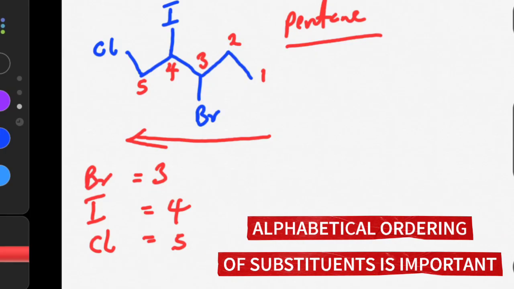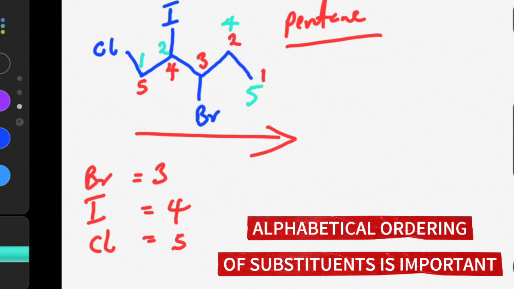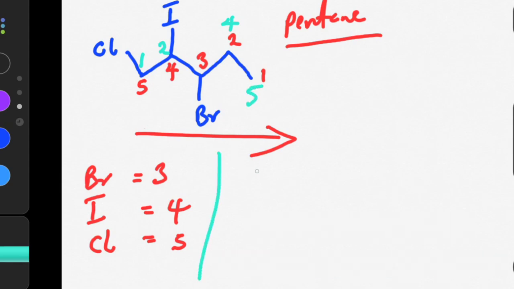But then if we are going the other way, if we are going to number this the other way around, that's from left to right, it just means that we are going to have 1 here, 2 here, 3 here, which is still 3, then we have 4 here, and then we have 5 here. And in that case, our bromo, as you can see, will still retain the 3rd position, right? And the iodo would have the 2nd position, and the chloro would have the 1, that's the 1st position.